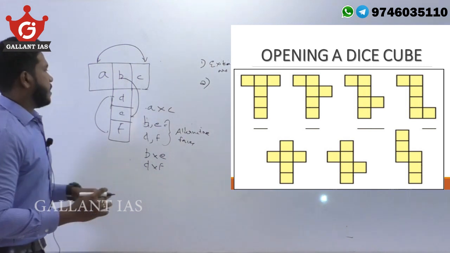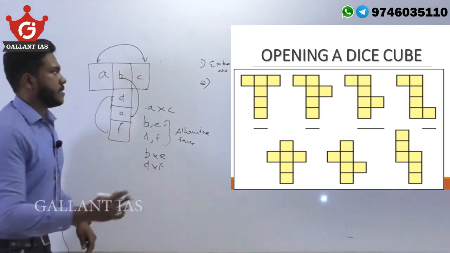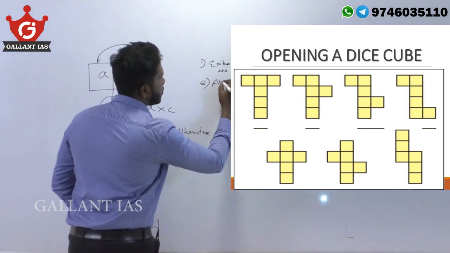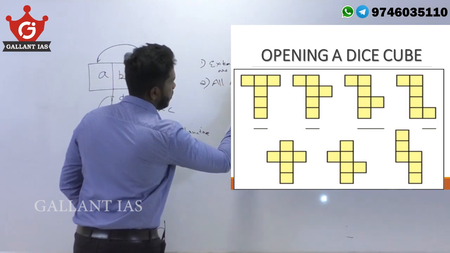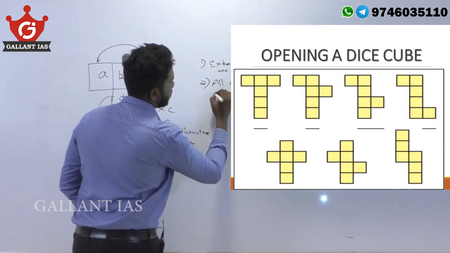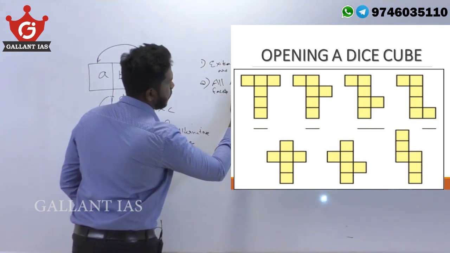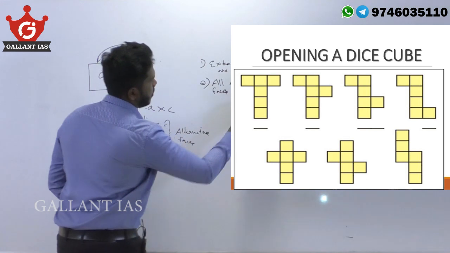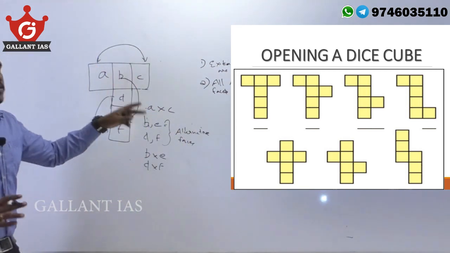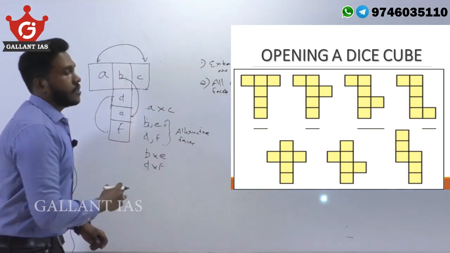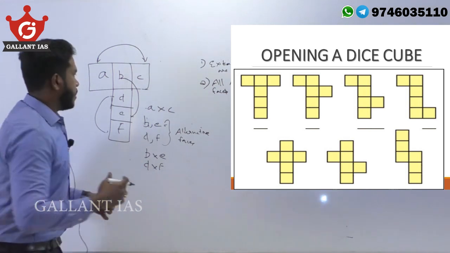The second property is that all alternating faces will be opposite to each other. Got it? Keep these two properties in your mind in order to do our basic problems.